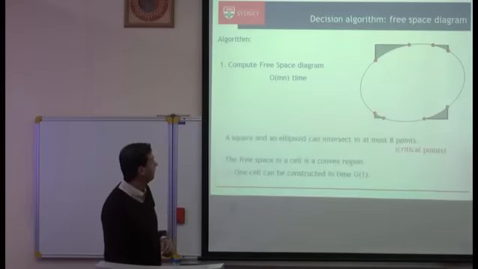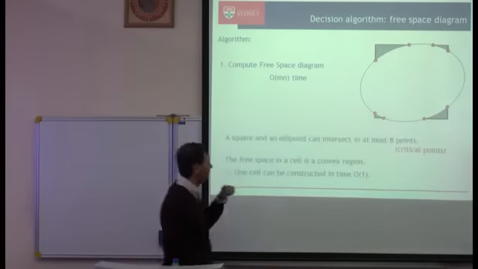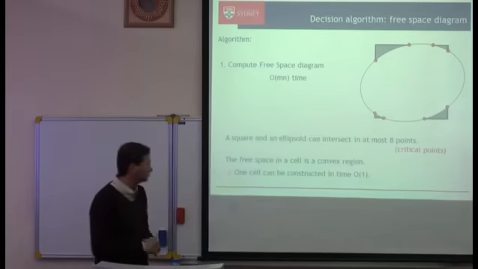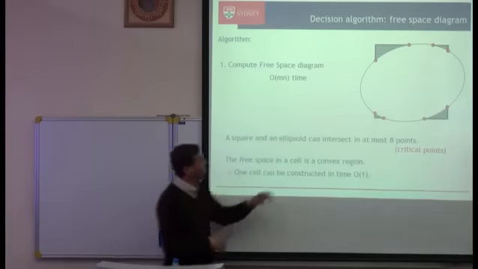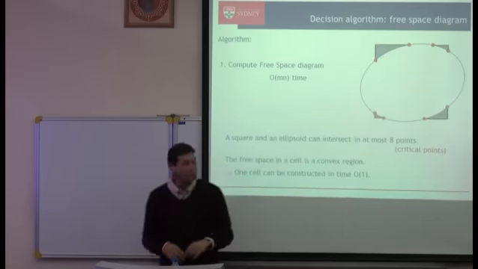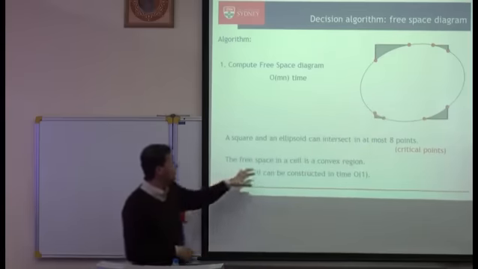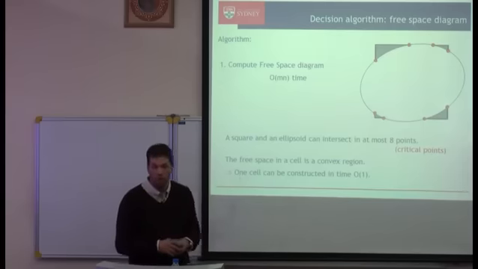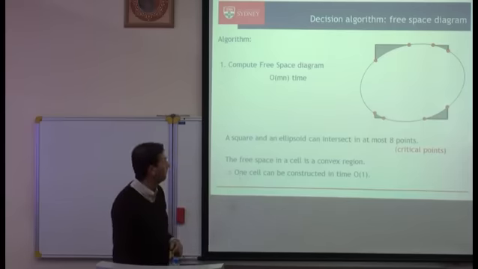So it can intersect in at most 8 points, and these are what we call critical points. Since this ellipsoid is convex, the free space in this cell will be convex. So we can easily compute it in constant time. Okay?